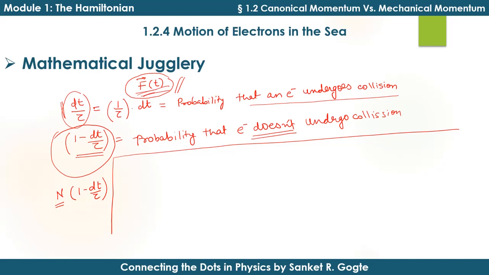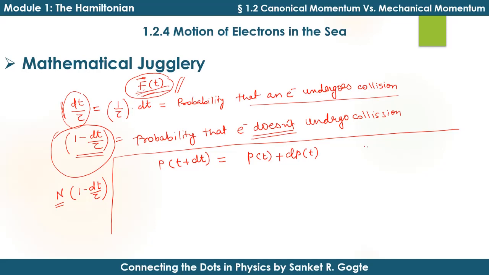So where do I start? I have to find out the momentum of the electrons after time dt as they move under the influence of this external force F. This is equal to P of t, which is the initial momentum, plus dp, which is the change that occurs in the momentum as their motion evolves with time.